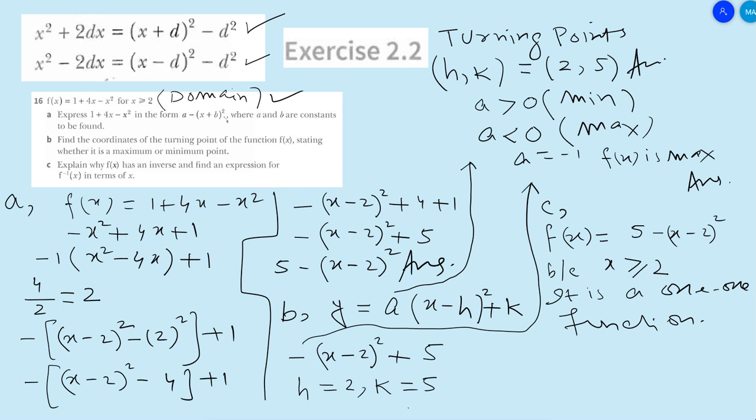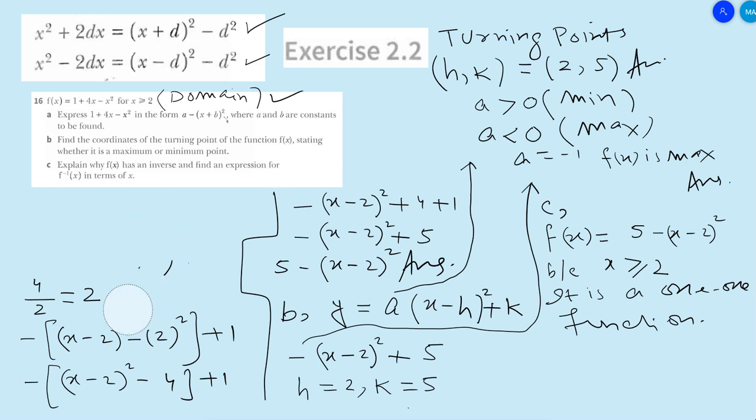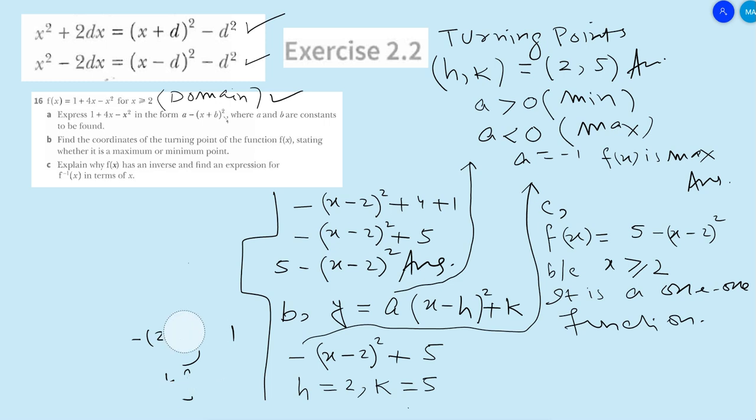Now, the next requirement of part C is find an expression for f inverse x in terms of x. Very easy. Recall exercise 1.5, where we learned how to find the inverse.